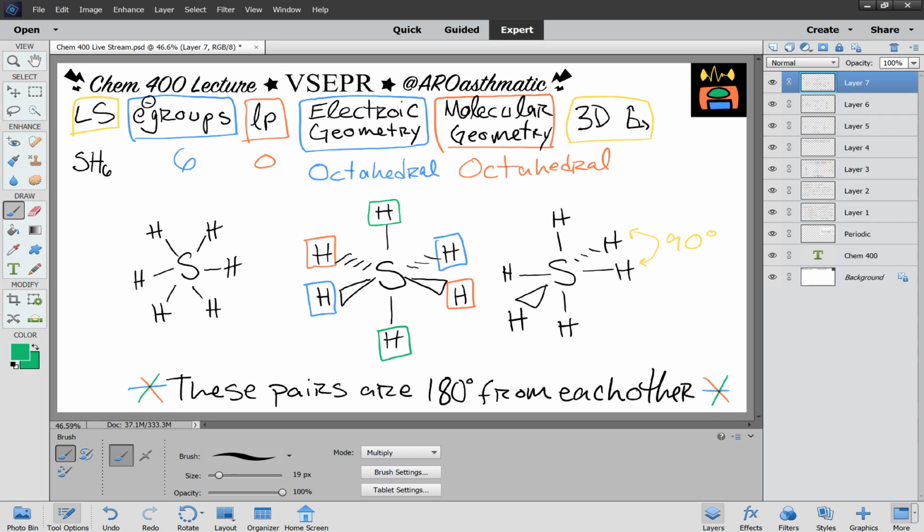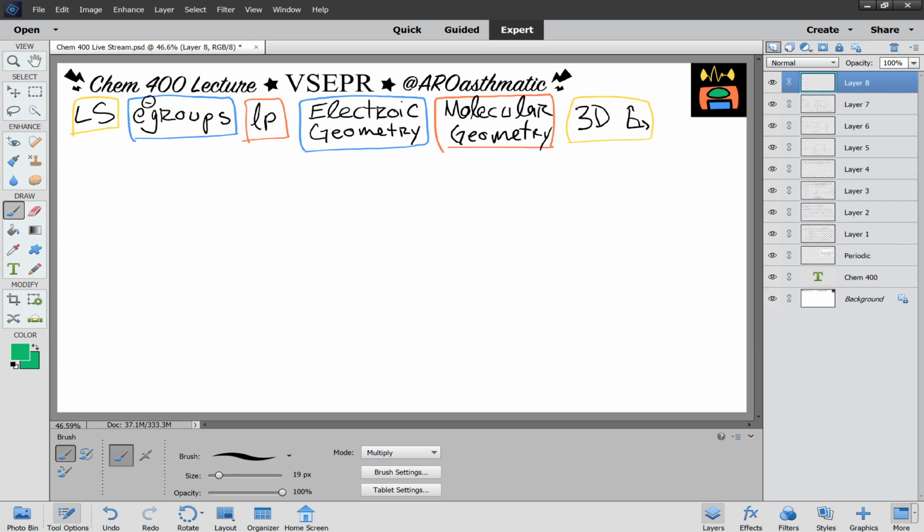All right, so let's take a look here. What happens when we have an octahedron with a lone pair on there? And for that, we're going to look at antimony, or as I like to say, the SpongeBob element, SbH5.